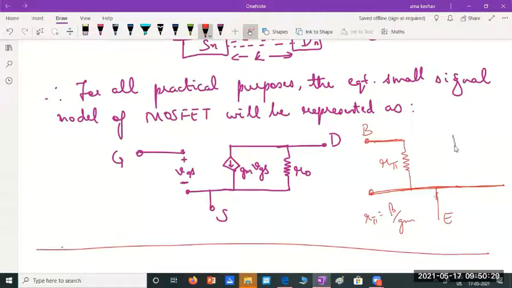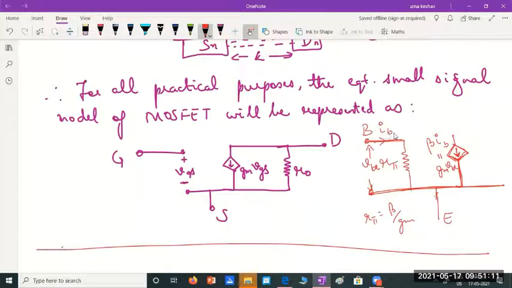And between the collector and the emitter, we have a dependent current source. What is the value of this current source? The value of this current source would be Gm into this input voltage, whatever you call it, VBE, the base emitter voltage. Or this can also be written in terms of the input current and beta.